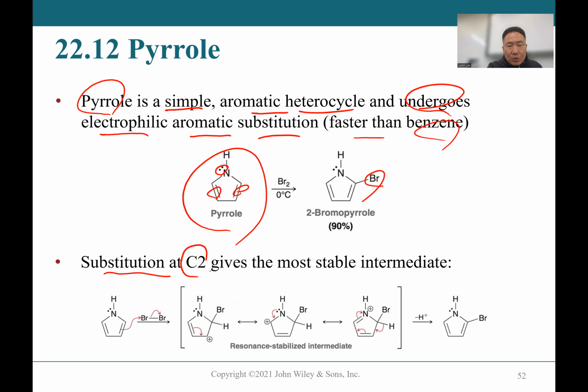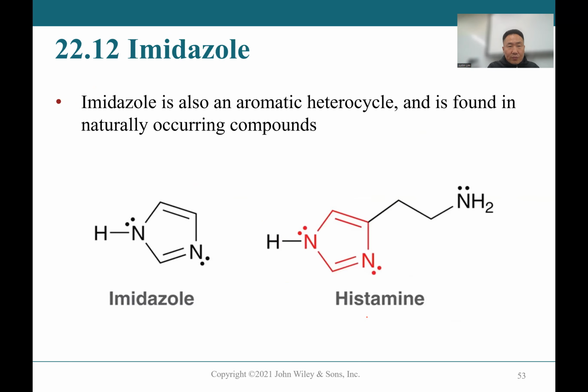Substitution at C2 gives a more stable intermediate. When you see the mechanism, you can generate a carbocation, and with rearrangement, you can generate a resonance-stabilized intermediate. And then you can see substitution at C2 in pyrrole.